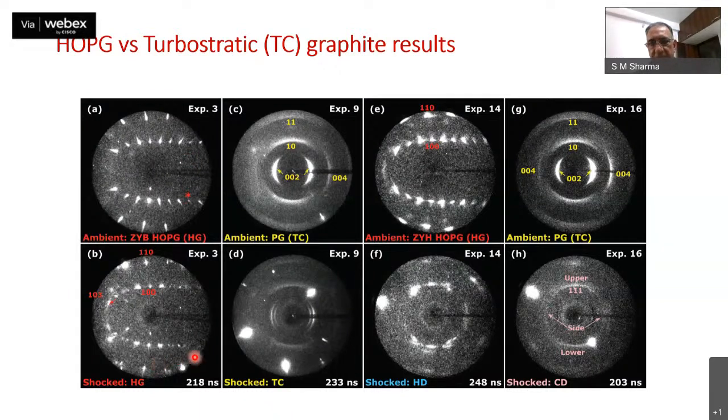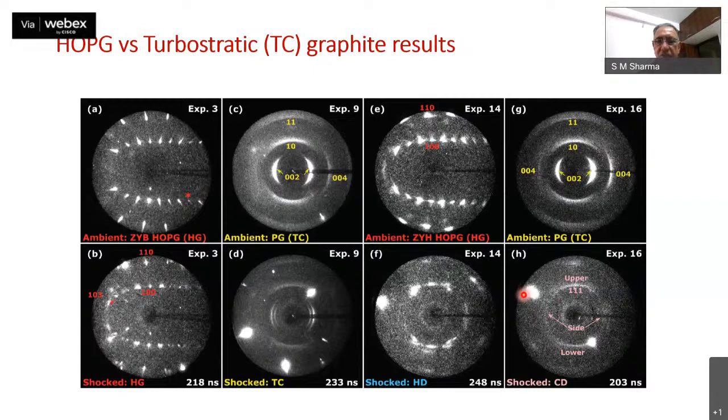But when it is a pyrolytic graphite, what we find is that it transforms to the cubic diamond instead. So this itself is also very unusual. That indicates that the initial microstructure of the graphite has very serious implications for the structure graphite will take under shock compression.